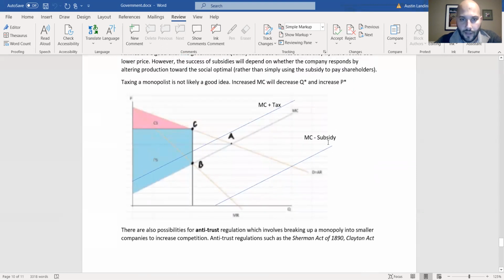All right, one more comment I have that isn't in the notes, but it's worth noting. Chapter 11 was talking about price discriminating monopolists. And one of the main takeaways from that chapter, which we didn't really talk about a whole bunch back then, is that the price discriminating monopolist actually produces closer to the perfectly competitive quantity.